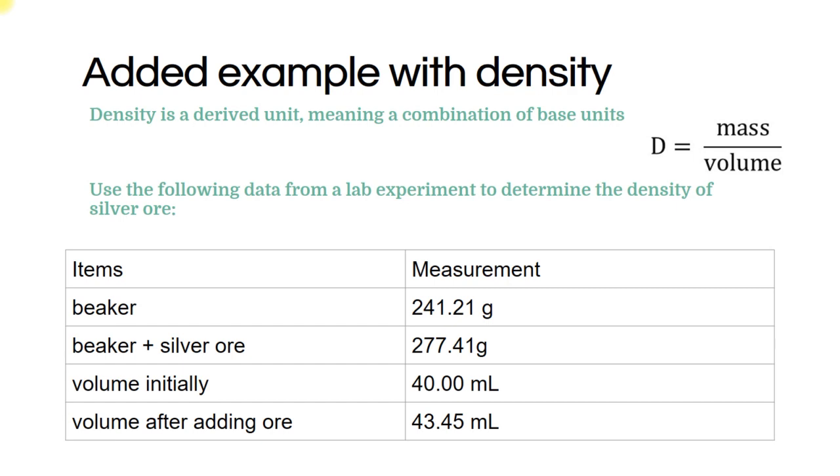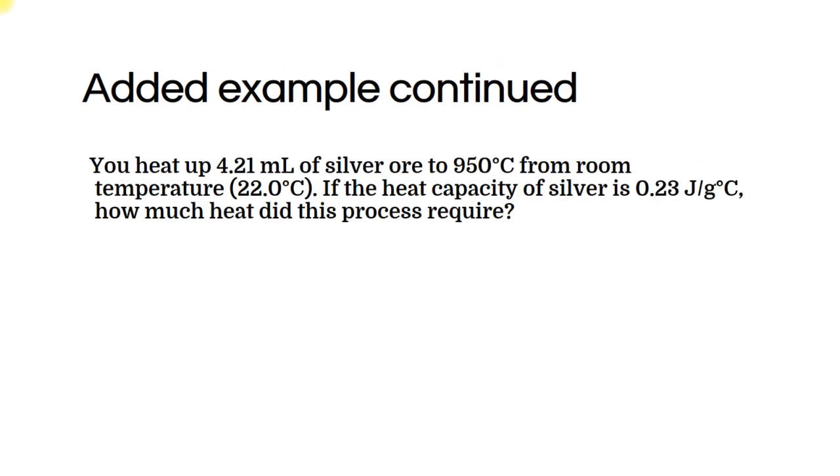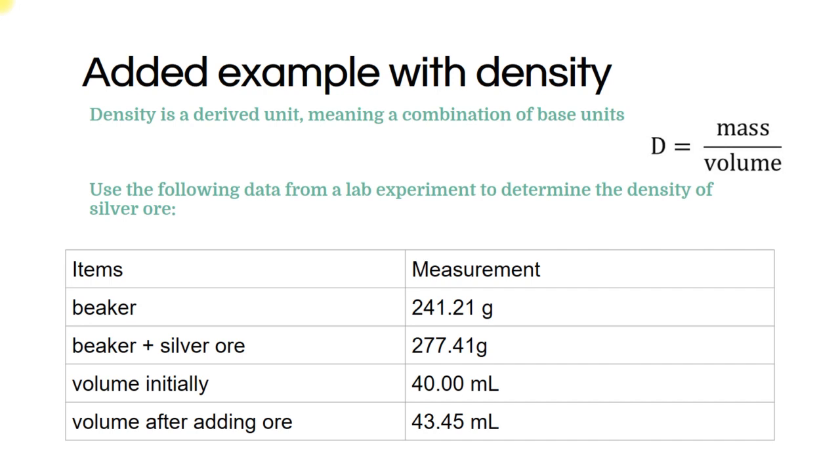All right, so sometimes we have to use density as a conversion factor. So this is an example of that. We have some experimental data about measuring ore. In order to use density, we have to measure it, right? So here we have an initial volume and a final volume.